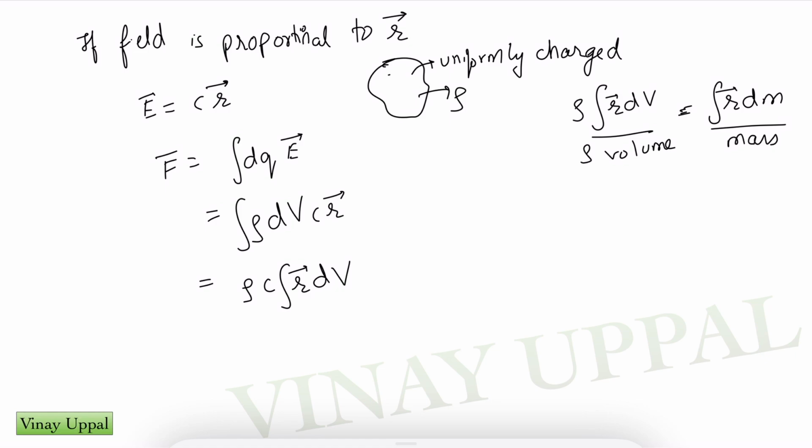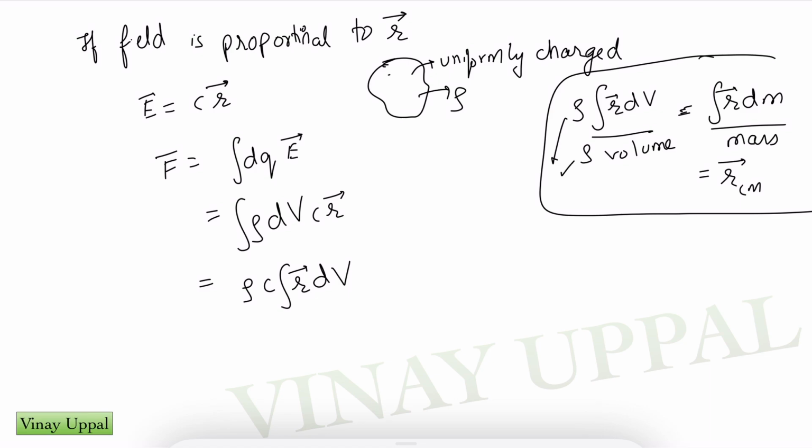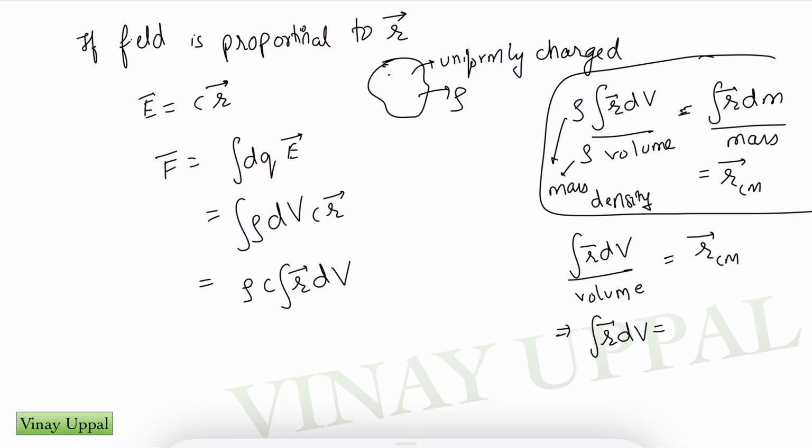Here rho is mass density, and I will get my right hand side. And what is the right hand side? That is nothing but the position of the center of mass. And therefore integral r dv will simply be rcm times the volume of the charge.